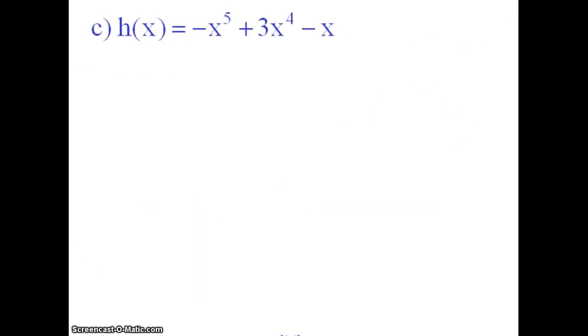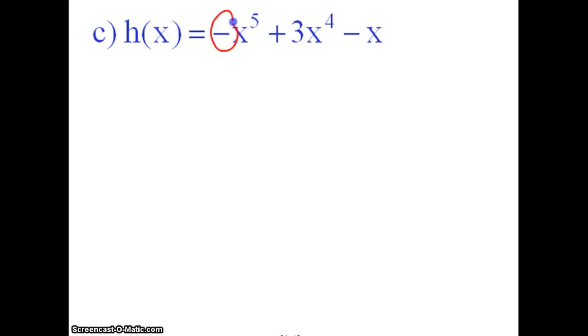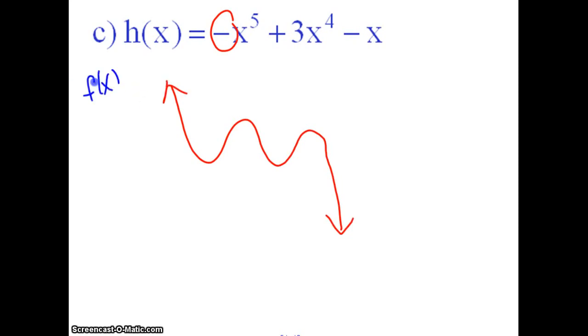Okay, what about this one? So, same idea except it's negative. It's flipped, like that. f of x approaches positive infinity as x approaches negative infinity.